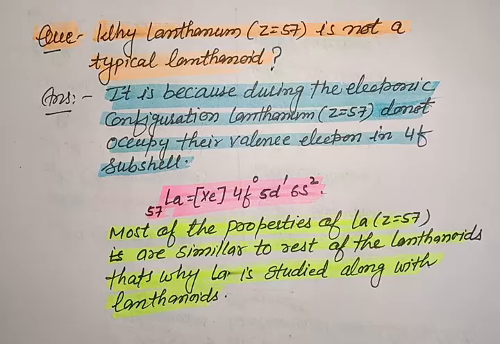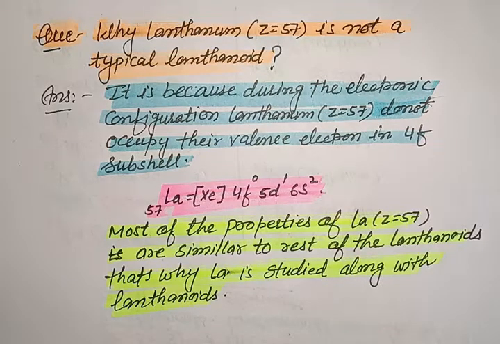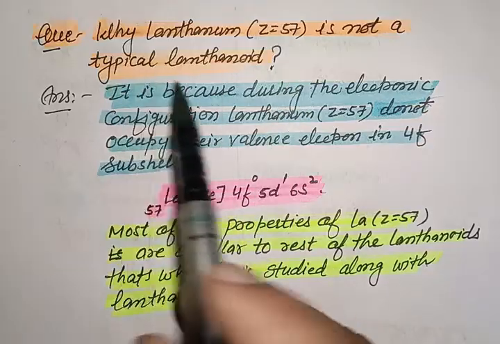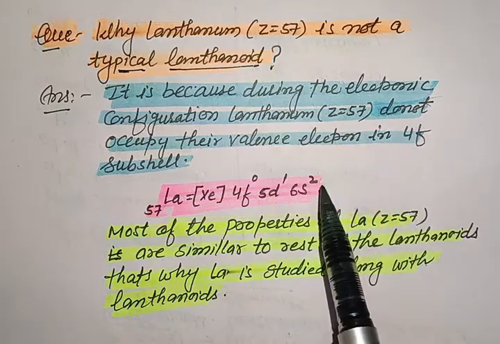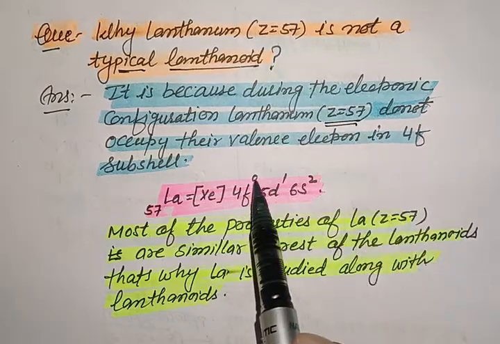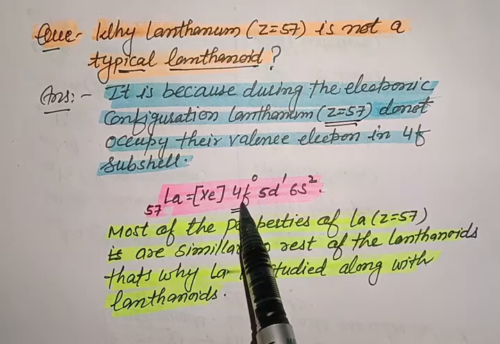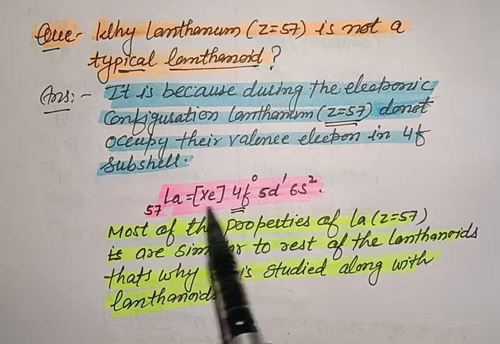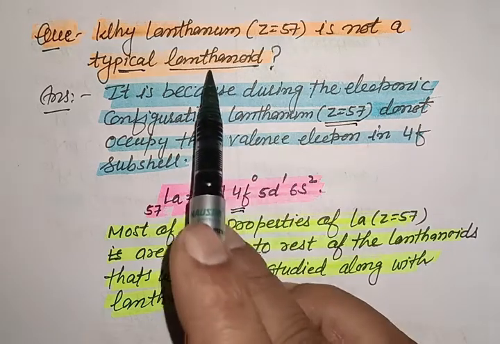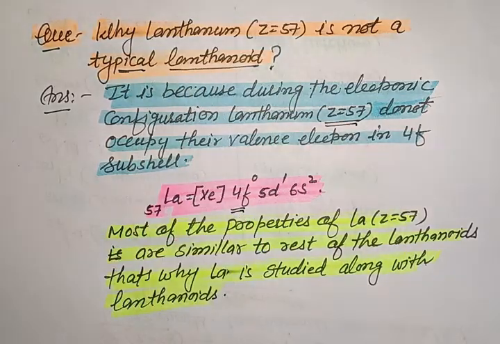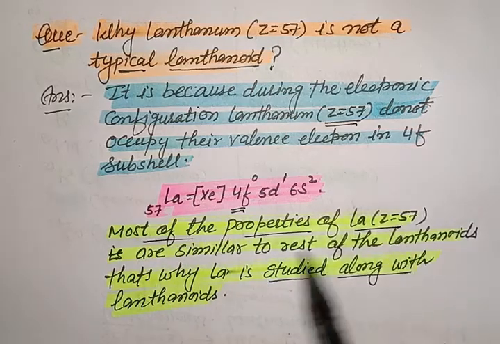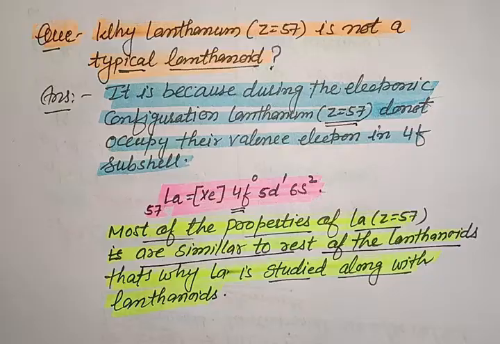The question is why lanthanum of atomic number 57 is not regarded as a typical lanthanoid element. It is because during electronic configuration, lanthanum does not occupy any electron in the 4f subshell. So the 4f subshell of lanthanum is empty. That's why lanthanum is not regarded as a typical lanthanoid. But lanthanum is studied along with the rest of the lanthanoids because most of its properties are similar to them.